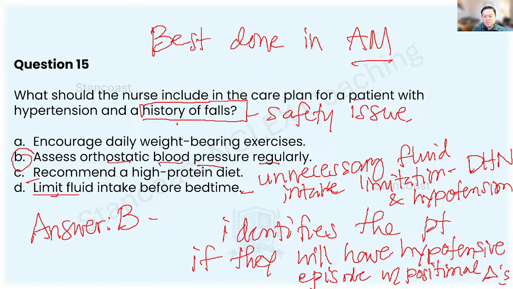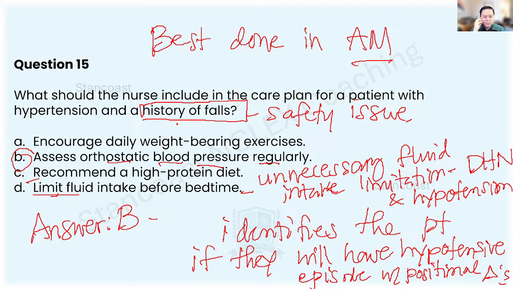So if it's not warranted, don't do it, okay? We're not going to limit the fluid intake if it's not required, if it's not the presenting problem of our patient. So we're not going to do any of the limitations. So our correct answer here, guys, is letter B, assess orthostatic blood pressure regularly.